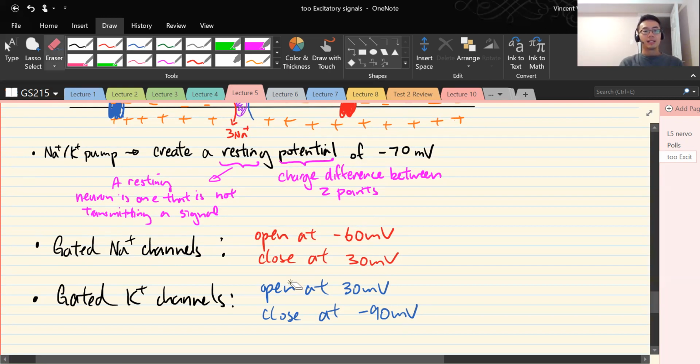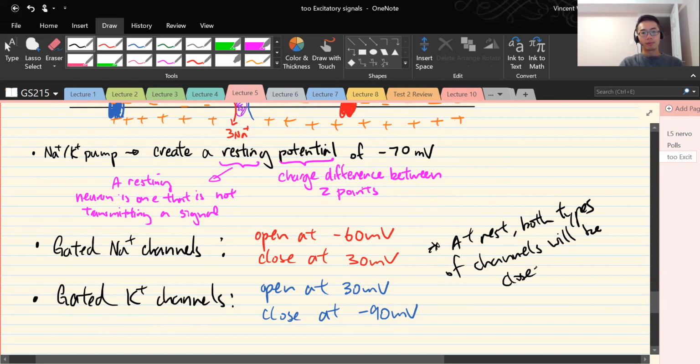Same thing for the potassium channels. We're sitting at minus 70. We haven't reached 30 millivolts yet, so it is going to be closed. All right, so maybe let's write that down. At rest, resting potential, both types of channels will be closed.